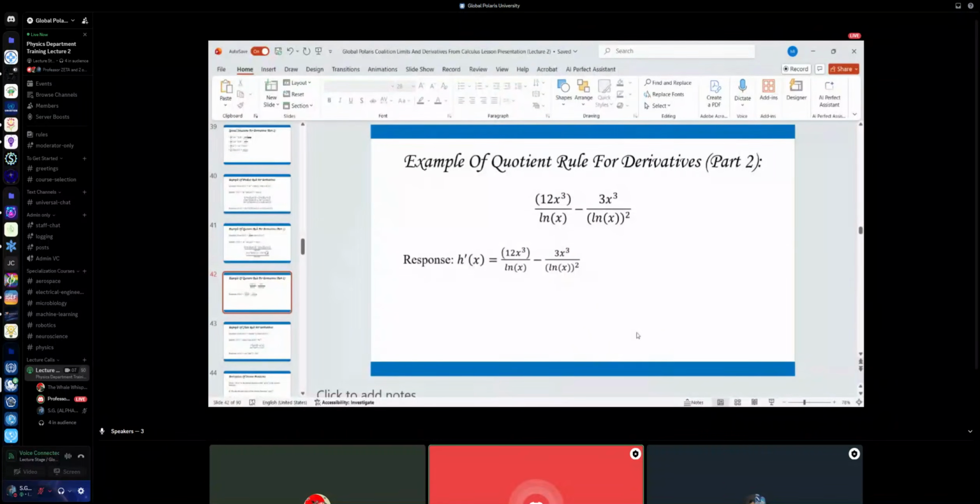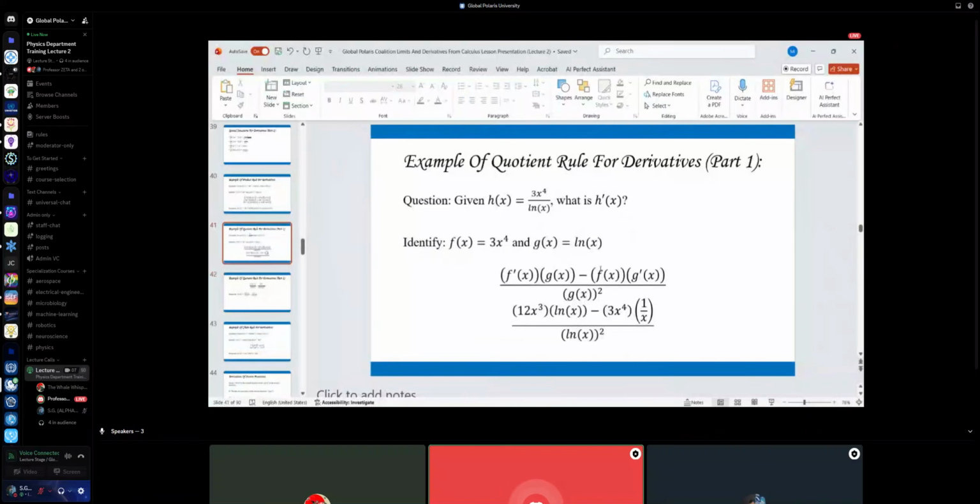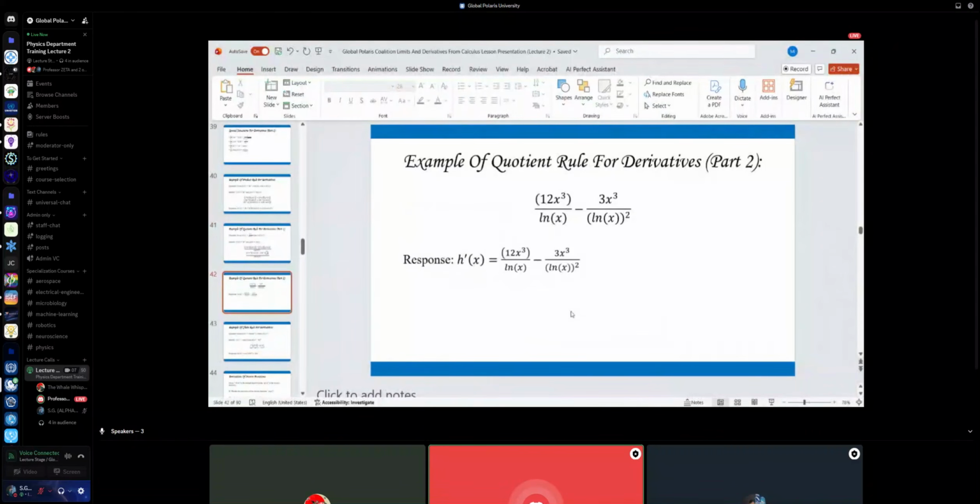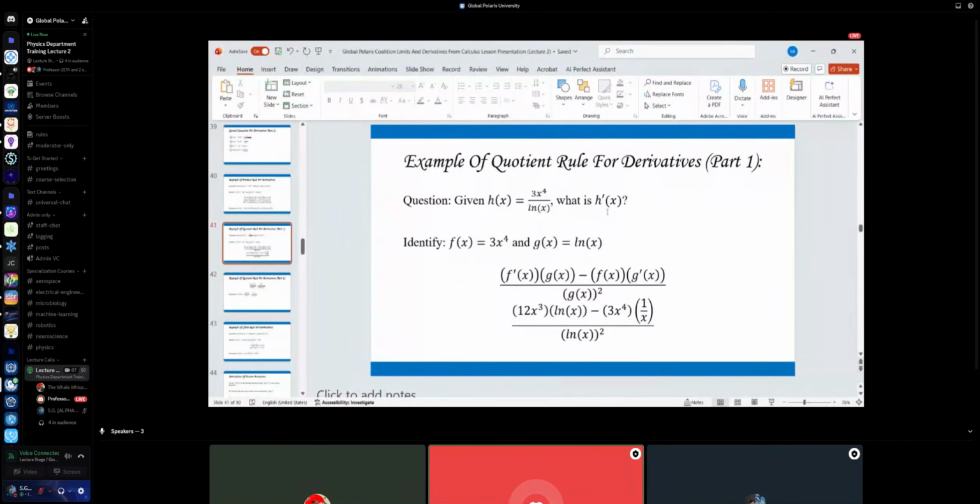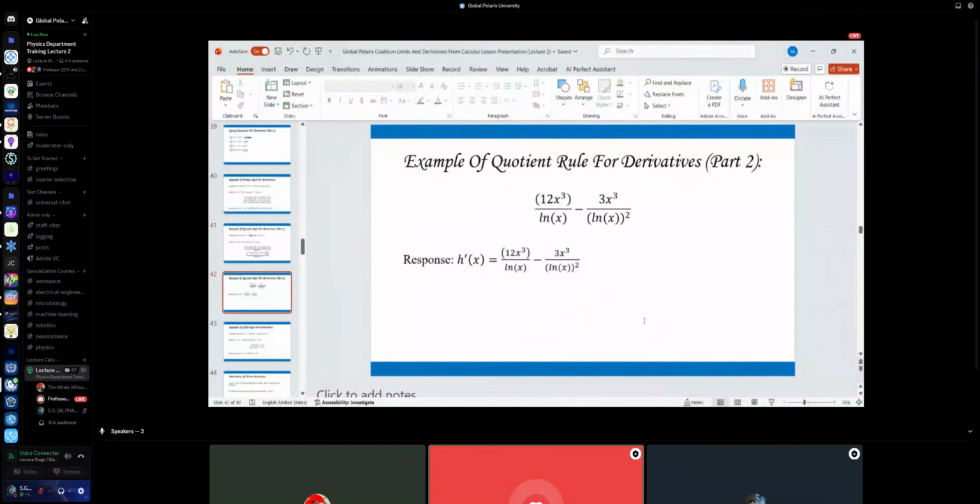Now right here, I simplified it further. That's why you see two fractions: because of the ln of x over here, we cancel out one of the ln of x. We had this 1 over x, so that's why we see x cubed instead of x to the fourth, and we still see the ln squared. This would be the final answer.